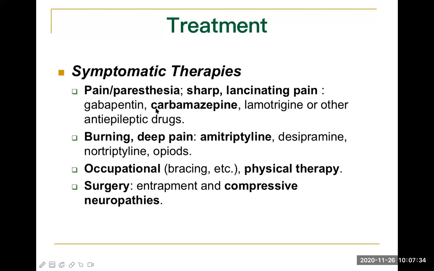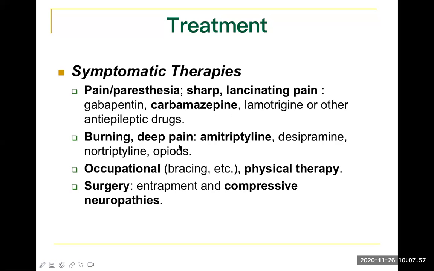There is one good example I want to highlight here, known as trigeminal neuralgia. Trigeminal neuralgia is a type of severe and chronic pain in the head and neck area because the trigeminal nerve is there, and carbamazepine is one of the drugs which we use there along with others.